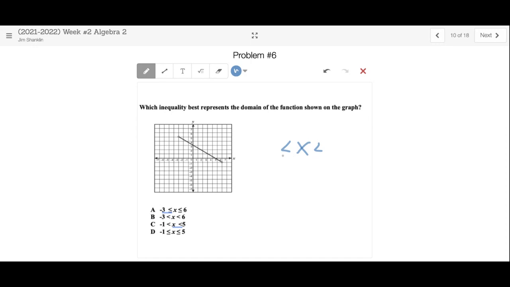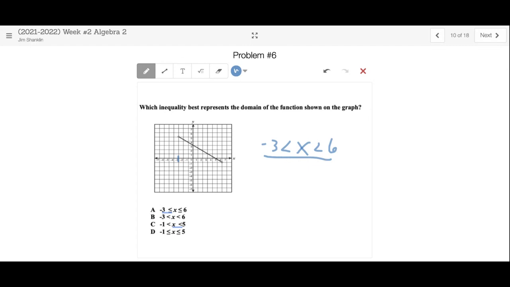It can't be less than or equal to. And then my farthest point over here is -3, so I put -3 here. So this is read x is greater than -3, and x is less than, what does that look like? 6? Does that look like 6 there? So that would be my answer for that one.